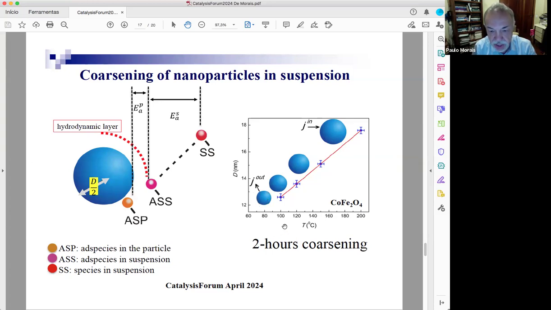The size grows with the temperature. Actually, we have a species on the surface which is going out of the smaller nanoparticles, and then the added species going into the bigger nanoparticles. So this process evolves like this. This is the picture we can build.